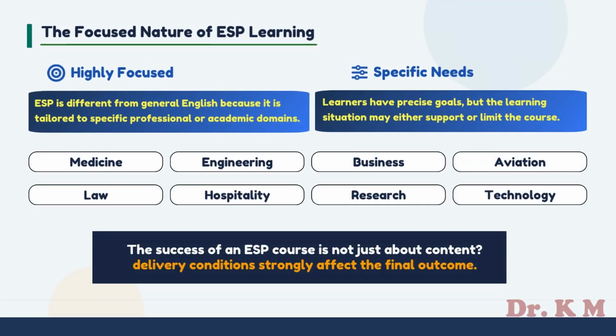Learning situation analysis. Why is it important in ESP? ESP is different from general English because it is highly focused. Learners may be studying English for medicine, engineering, business, aviation, law, hospitality, or academic research. Their learning needs are specific, but the learning situation may either support or limit the course. So, delivery conditions strongly affect success.